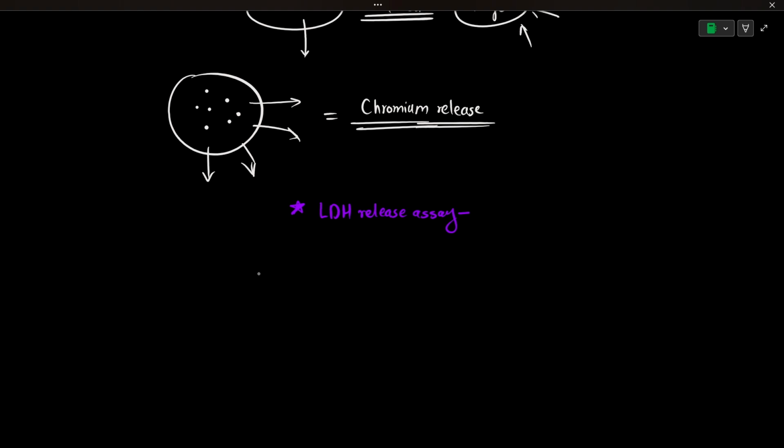So what happens is that lactate will be converted into pyruvate with the help of lactate dehydrogenase, right? This reaction is catalyzed by this particular enzyme, which releases the pyruvate.